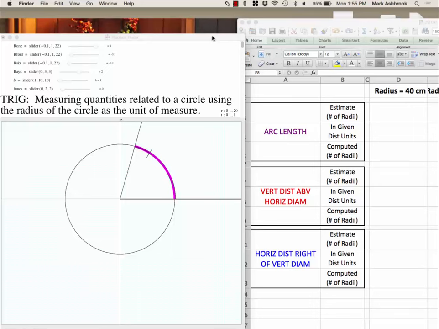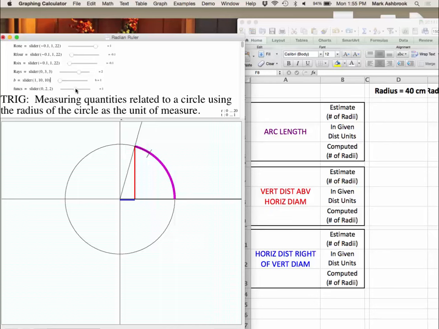Okay. All right, here we go. So what we're going to do is look at three things. I told you that we're measuring quantities related to a circle using the radius. Purple, arc length. We want to measure that arc length with the radius.